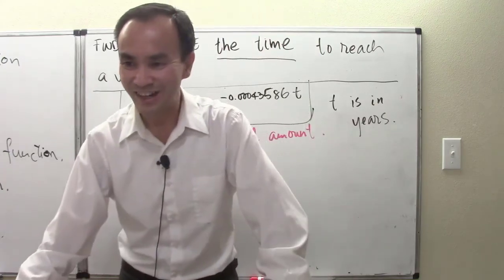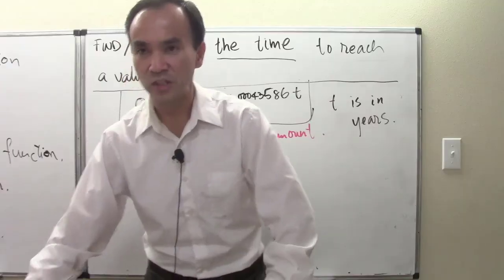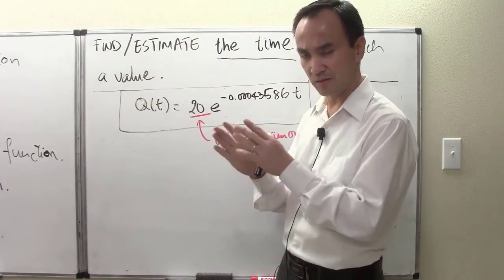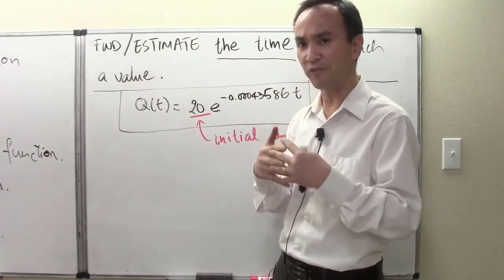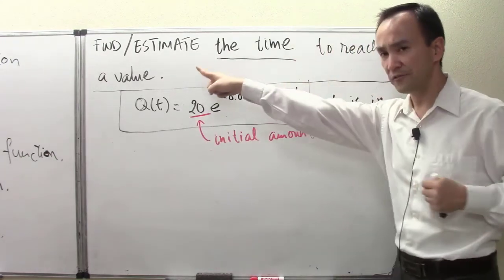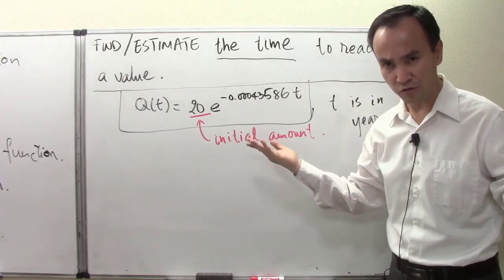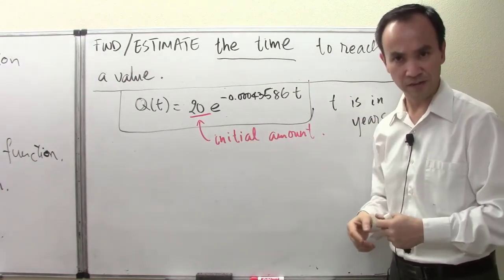Okay, and so now back in the problem itself, now it's asking, and the wording here is making it real clear with what I have described here. The scenario that we're at right now is that we want to find how much time it takes to reach a certain value, either in our growth model or our decay model. All right.